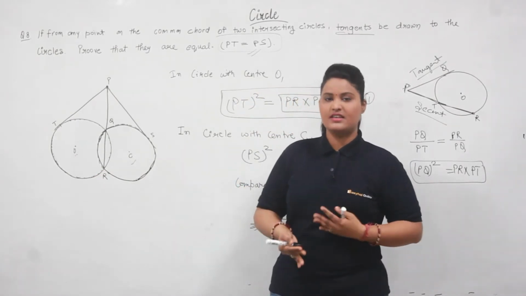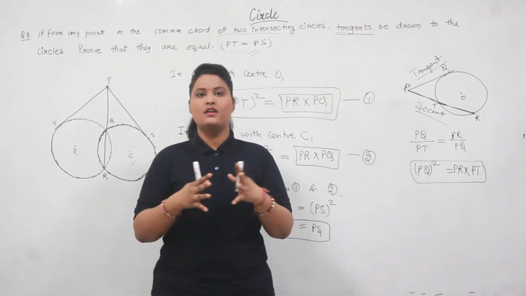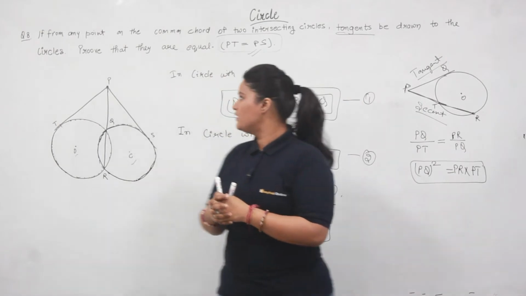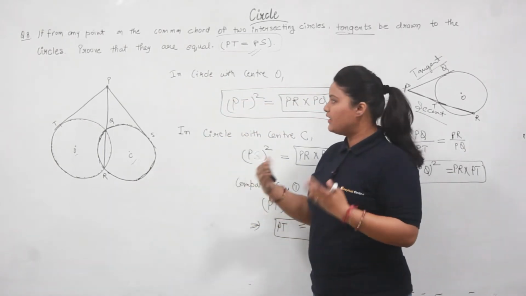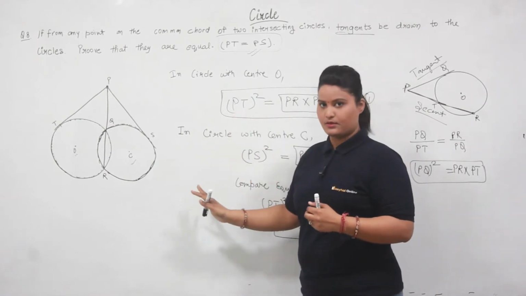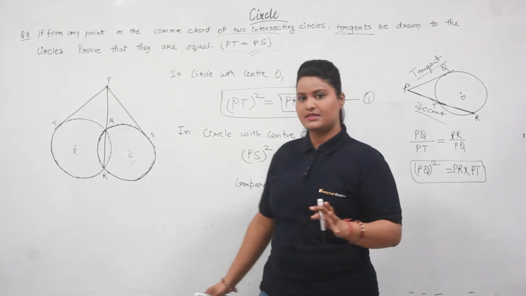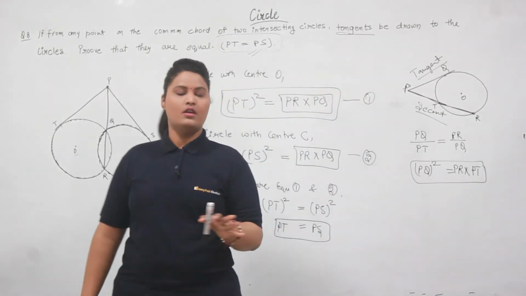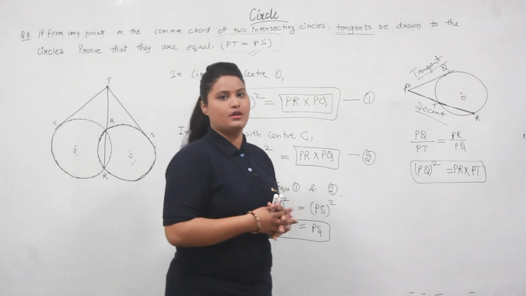There can be other ways, like by proving congruency or something else, but I just took this question to let you know that this concept also exists in this chapter. Okay, so this was one of them. I hope you understand. This was the easiest question. Now we will move to the next question.